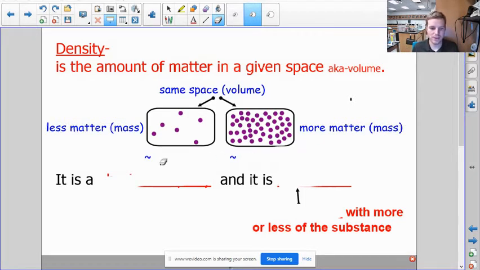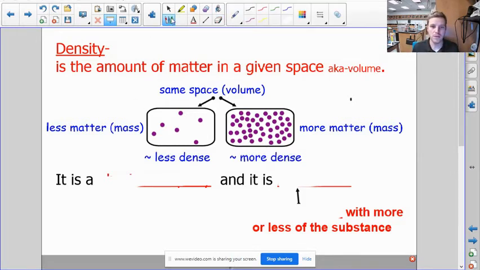So the box on the left is less dense than the box on the right, which is more dense. Sometimes you want to plug in some random numbers to think of it this way. Let's say this one has a mass of 1 inside the box, and the space is a volume of 10. Remember, density is mass over volume, so this would be a 1 over 10 density.